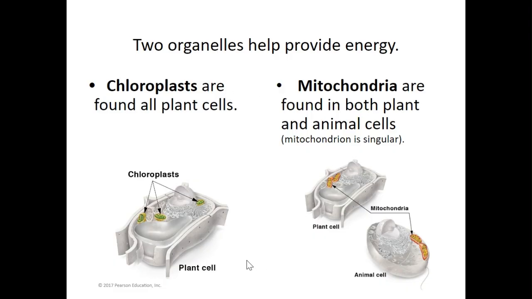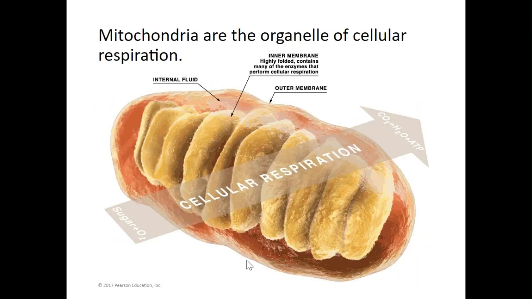So we have chloroplasts and mitochondria, and they're both organelles that help provide energy to cells. Chloroplasts then are found in all plant cells. And then mitochondria are found in both plant and animal cells. So plants then have chloroplasts and mitochondria, and animals just have mitochondria. Mitochondria is the organelle of cellular respiration.